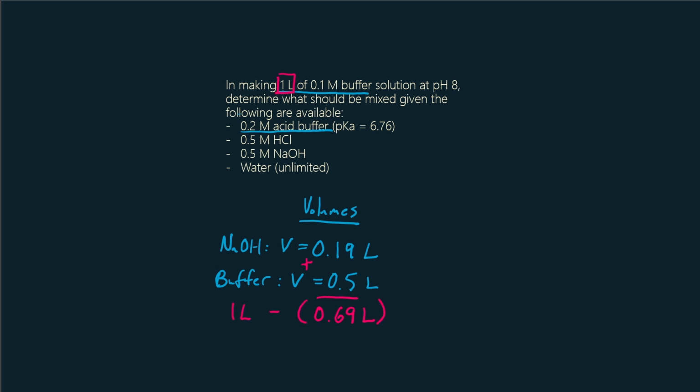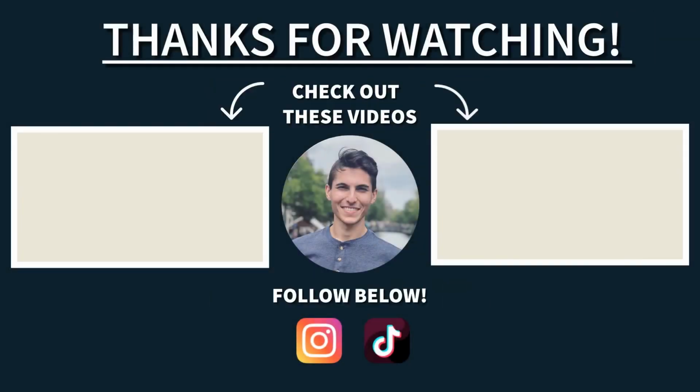So that means the remaining will be our water, which happens to be 0.31 liters of it. So altogether, to make this buffer solution at a pH of 8, we'll need 0.19 liters of NaOH, 0.5 liters of buffer, and 0.31 liters of H2O.